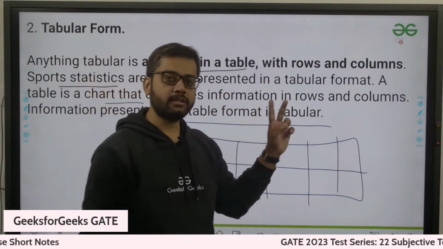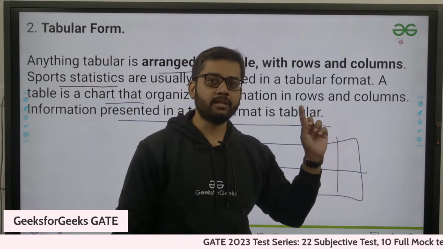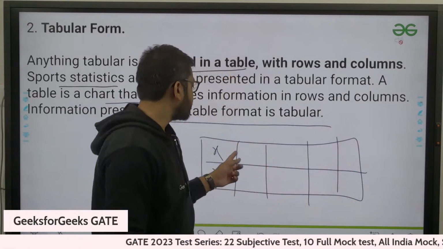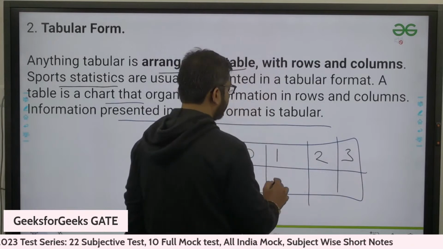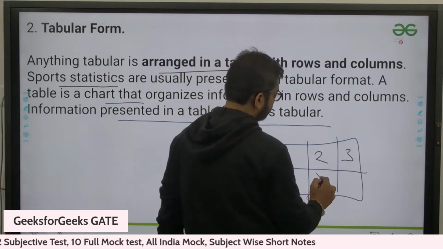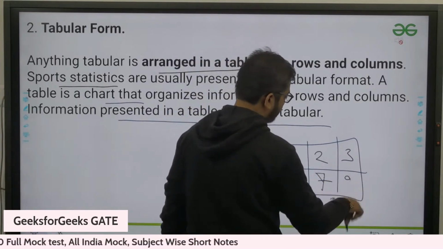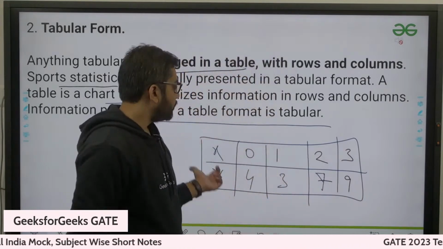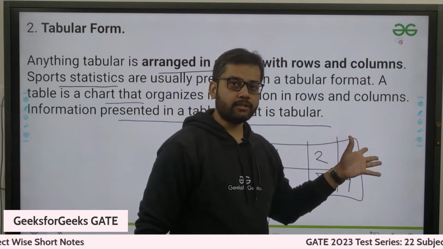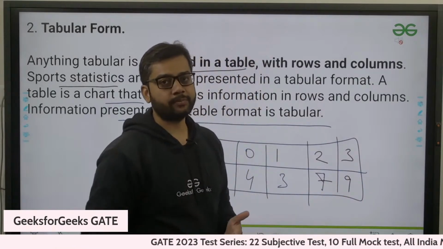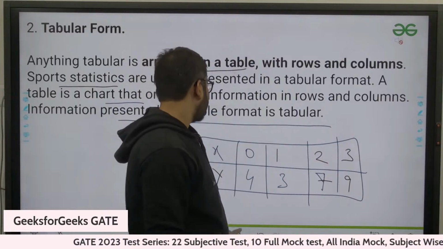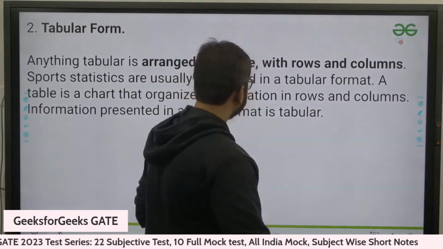We put in the value of x, and correspondingly get the value of y. In that case this is called tabular data. Tabular data can be horizontal or vertical. There is one input and correspondingly one output. This is our tabular data form.